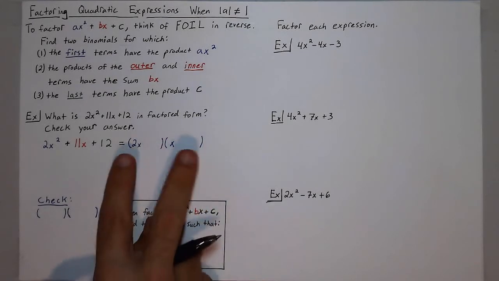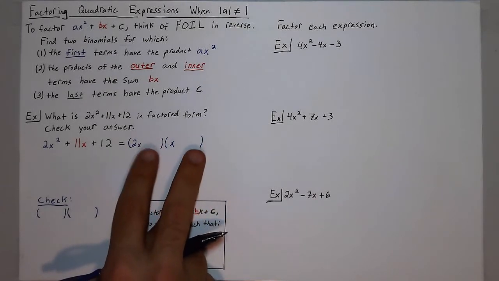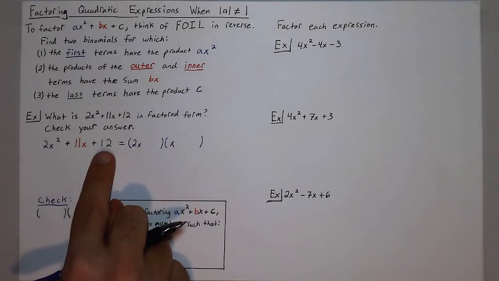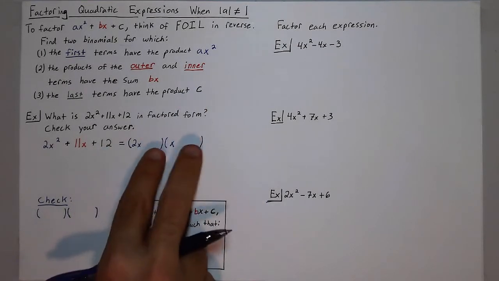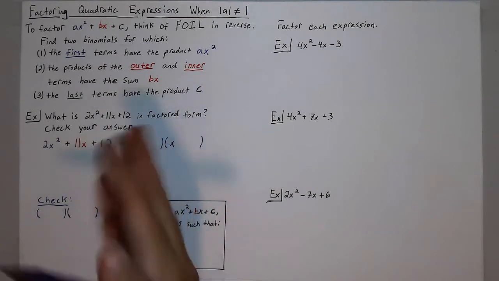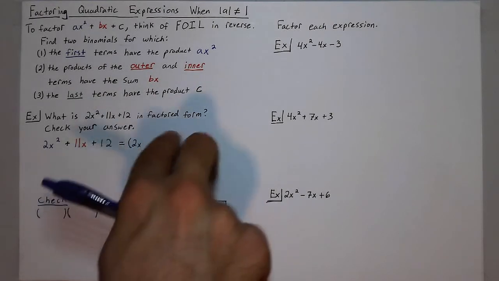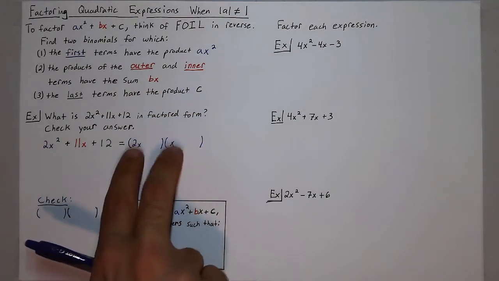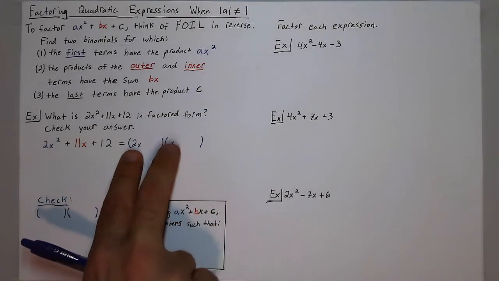Now, to find the outer and inner, I need to pick some last terms, but those have to multiply to 12. We have a bit more complicated of a problem here because now, depending on where we put those factors, they'll be multiplied by two different x factors, which is 2x and x.